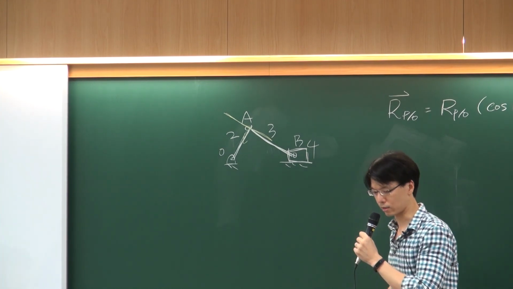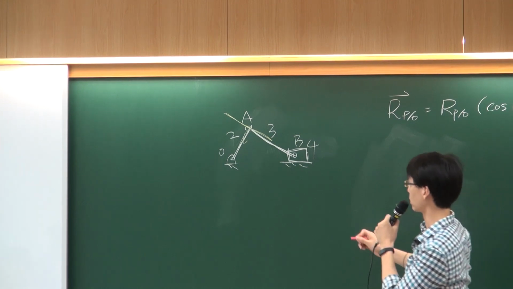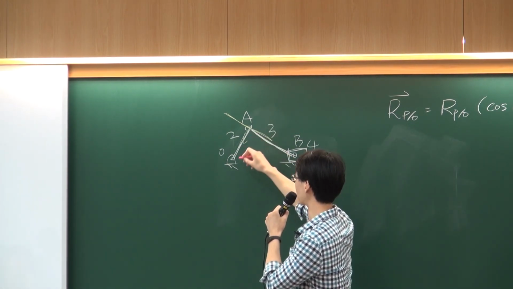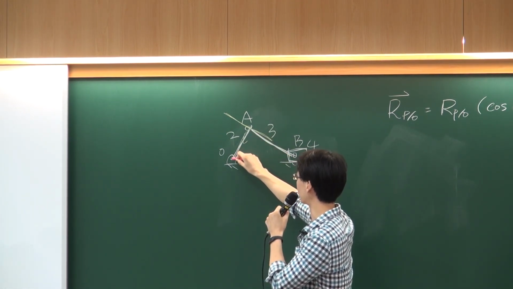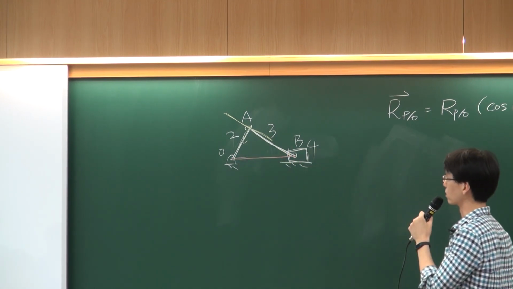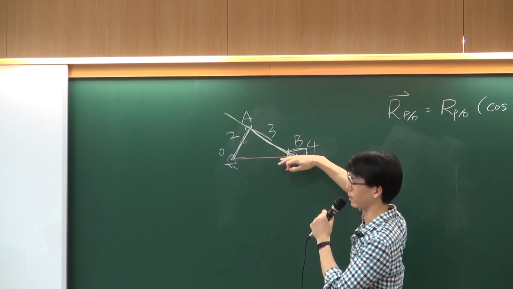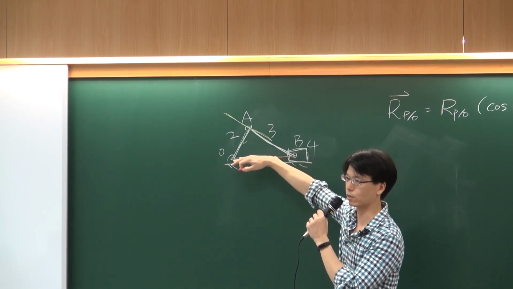Let's see another case, this OB. If we consider the displacement or the velocity of OB, it's another case. The direction or orientation of OB never changes; it's always in this direction.